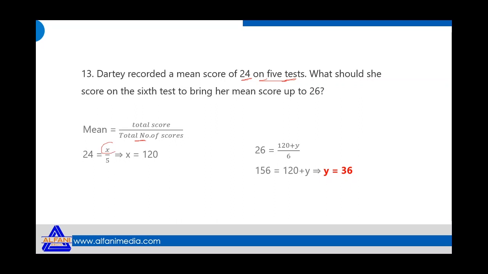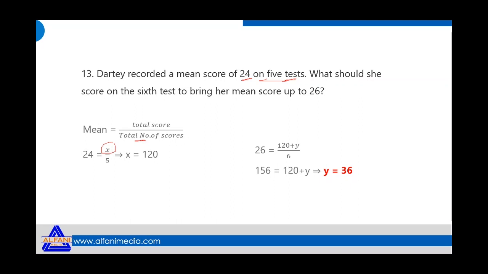I represent that total score with x. So 24, which is the mean score, equals total score x divided by total number of scores, which is 5. Multiplying through, 24 times 5 gives me 120. So x equals 120. Now I know the total score she had at the time she took 5 tests, which is 120.